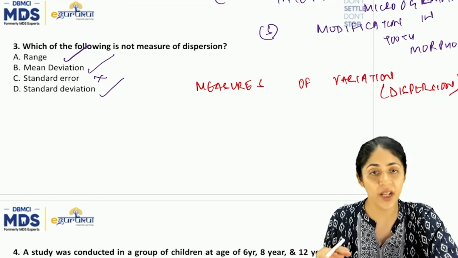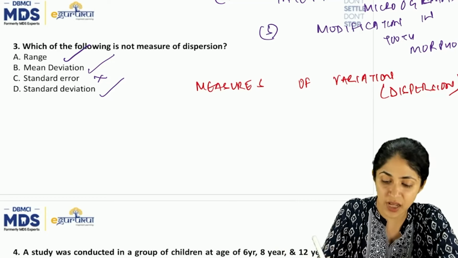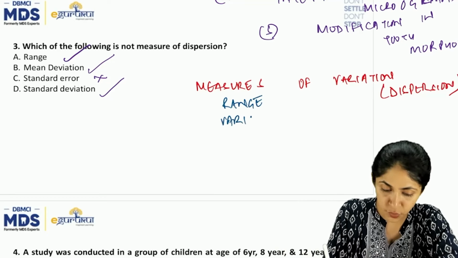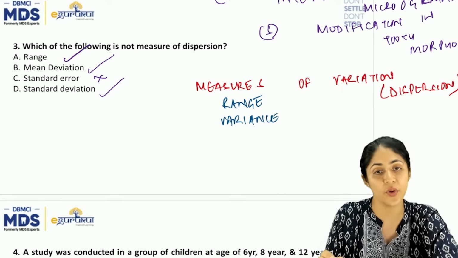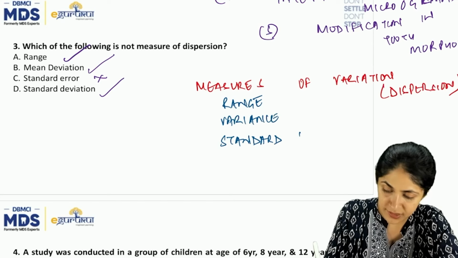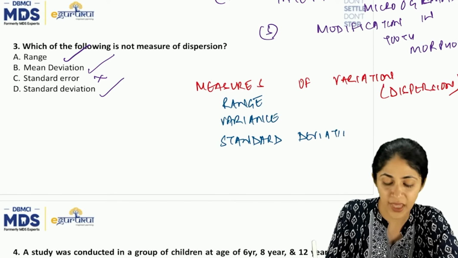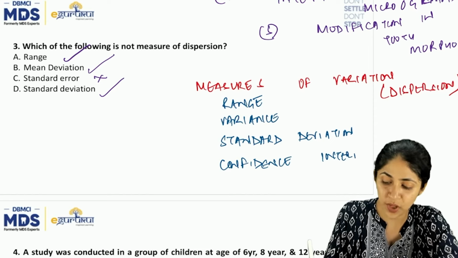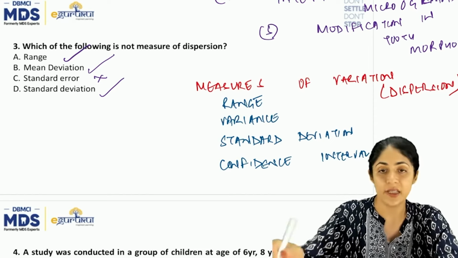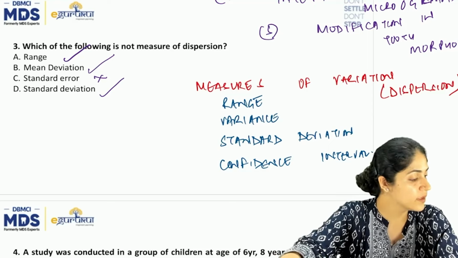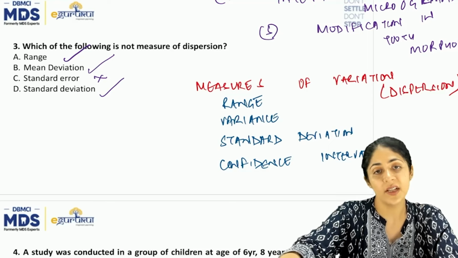And what are those measures? Those measures are range. Variance is also one of the measures. Standard deviation is a measure of that. And confidence interval is also one of the measures of dispersion. So now these are the other options.